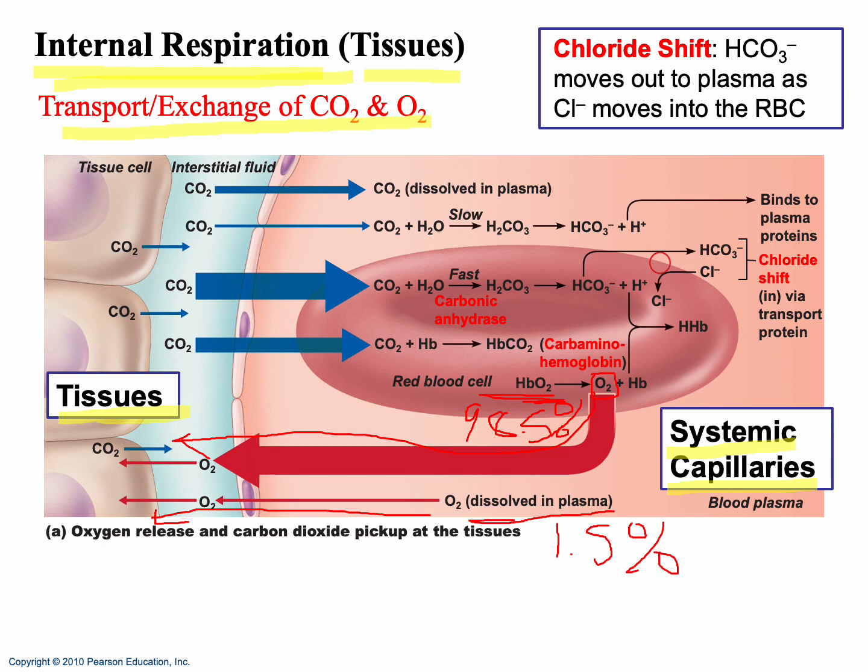Okay? And then we have our CO2 gas represented by the arrows here in blue. CO2 leaving the tissue cells, going to the systemic capillaries. Dissolved in plasma, that percentage of CO2 will be 7 to 10%. We'll use this method.